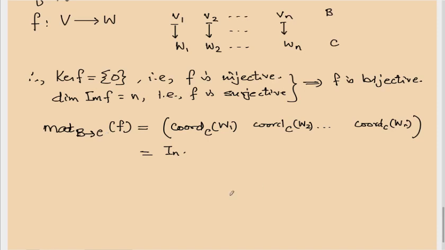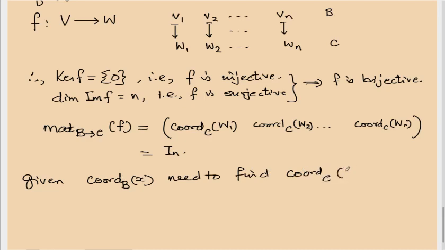So what have I to do? Given the coordinates of a vector, I need to find the coordinates with respect to C of x, the same x, not of Fx.